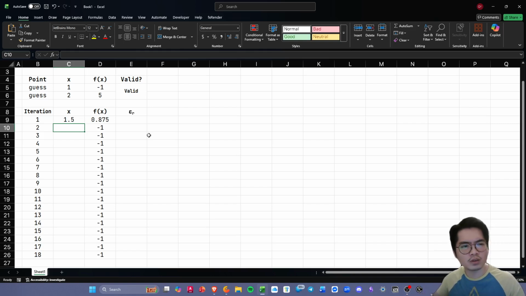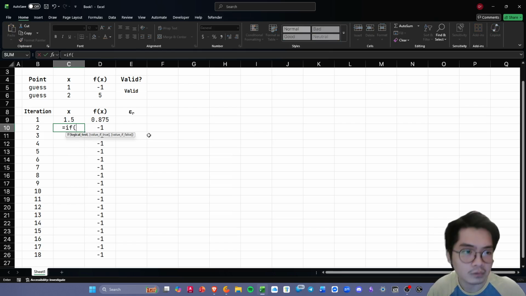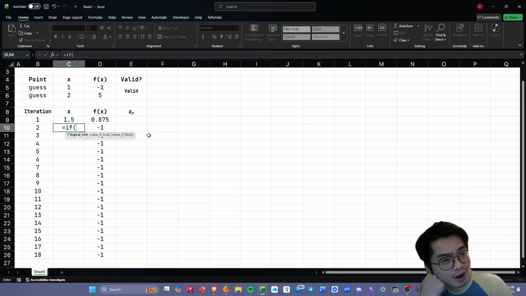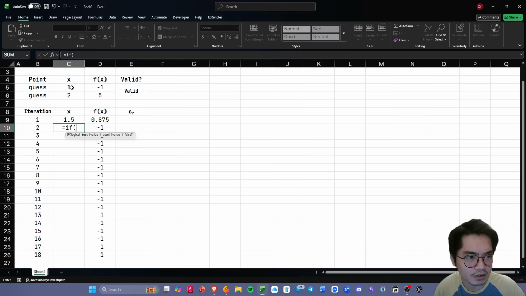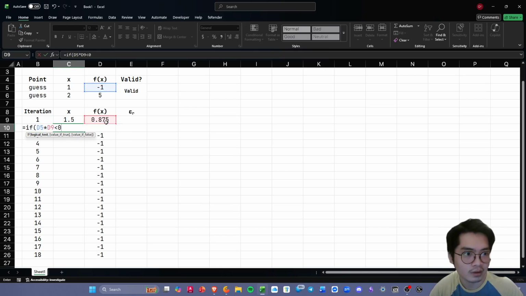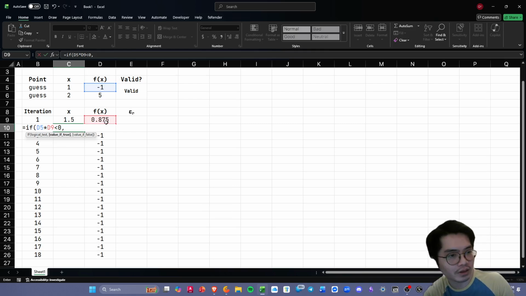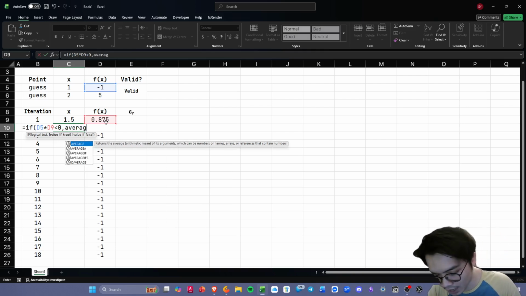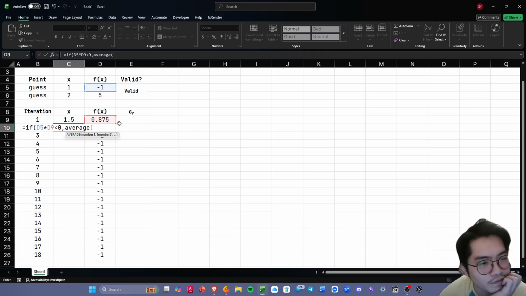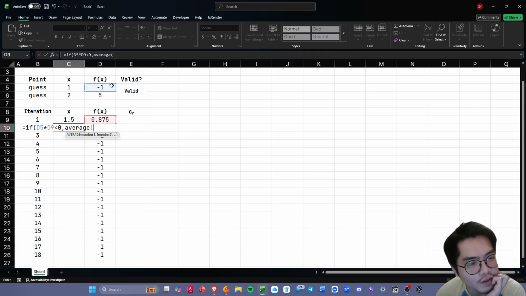So from this case, we can think, okay, we will have to do with the product of something right here. If the product of this and this is less than 0, that is true, so what we will do is create the average of the value that is going to replace the x equals 2.